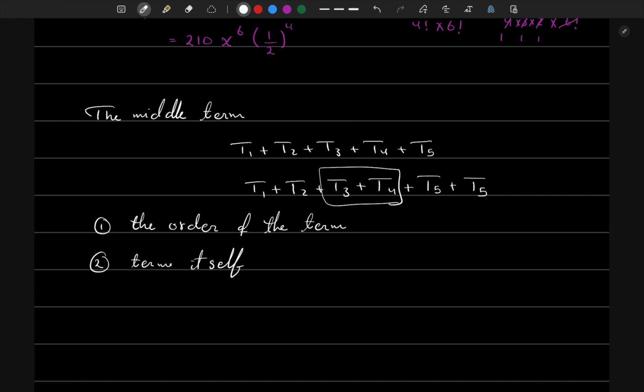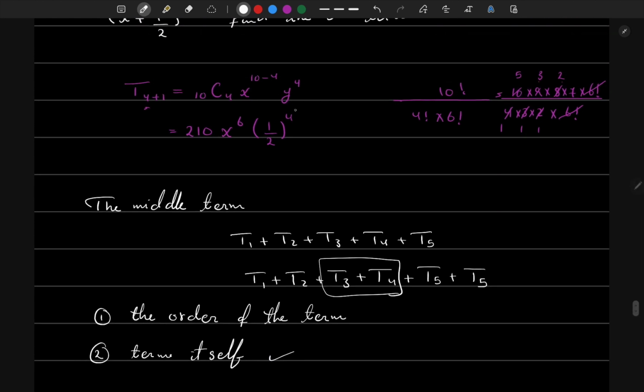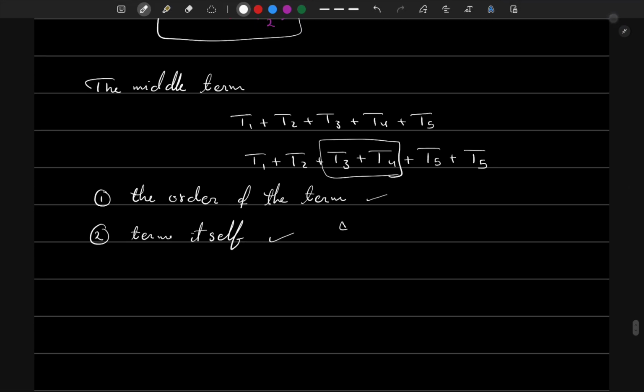If you're requested to find the order of the term, you can say that it's the fifth term, the seventh term, or anything like that. But if you are asked to find the term itself, then you have to actually find the term and write it down. But in any way, you always have to go through finding the order of the term before finding the term itself.